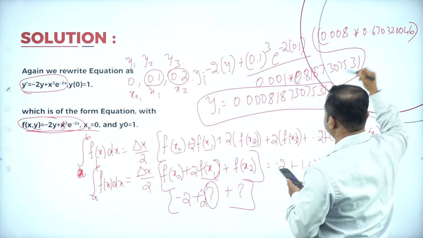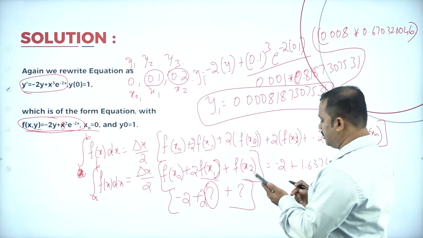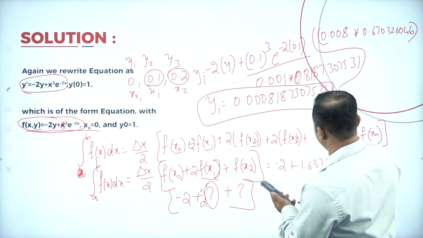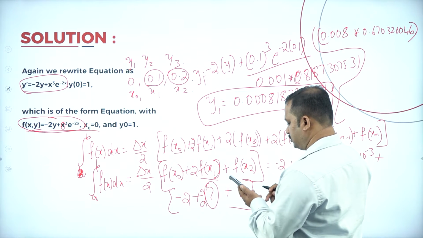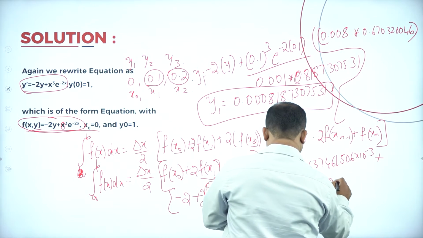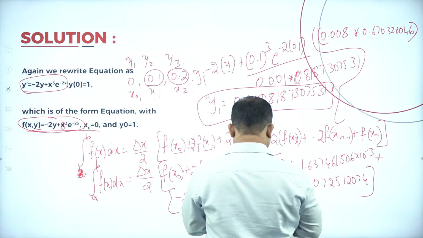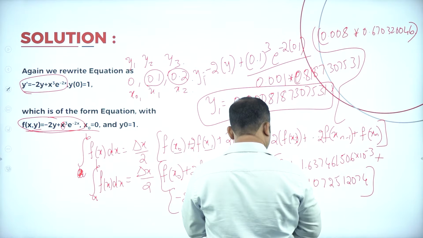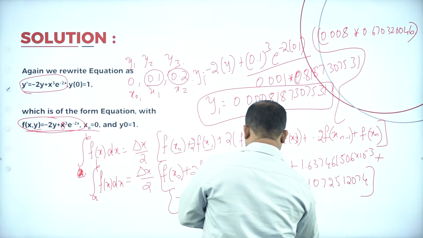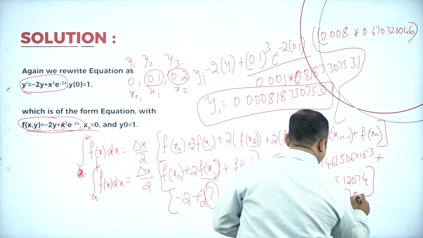Now we have this term that has to be simplified further, that is into 0.008, equal to this, divided by 2, to get the value which is equal to 0.017251074, plus 0.0016374610506 minus 2, which is equal to minus 1.9876374118. The entire thing must be multiplied by delta x by 2.